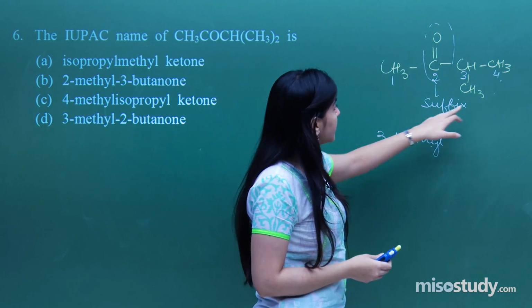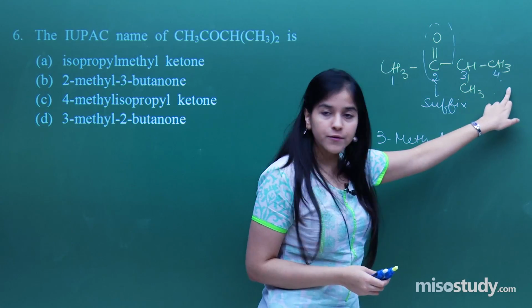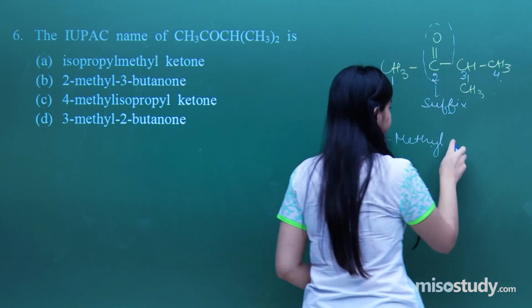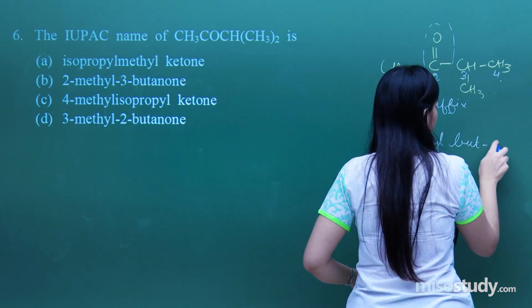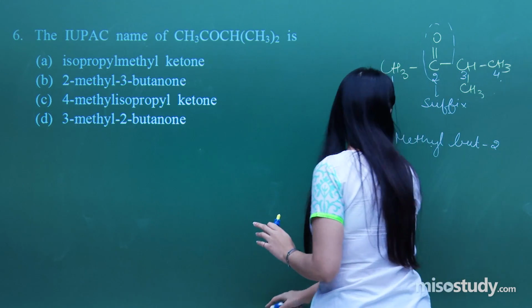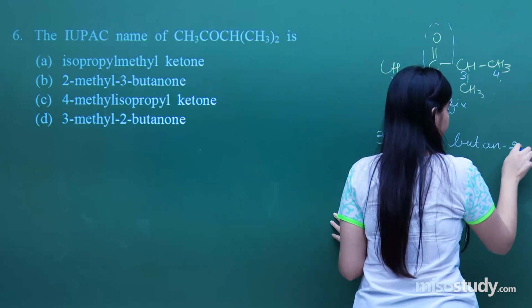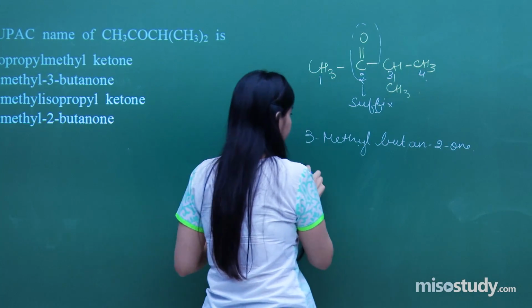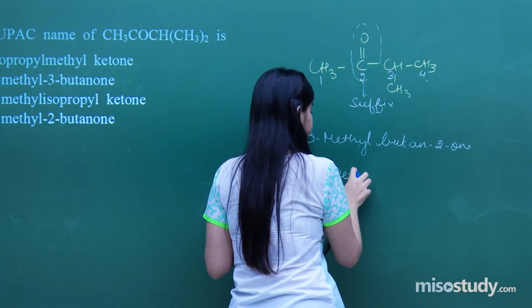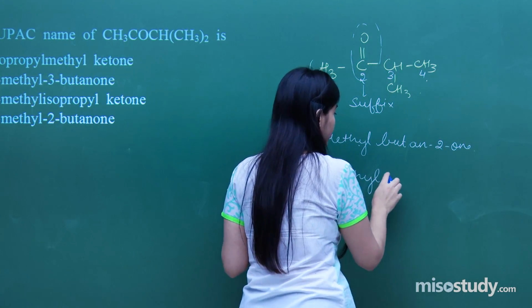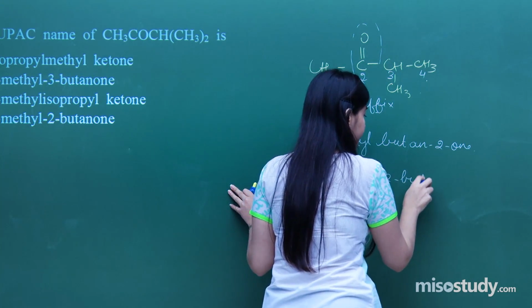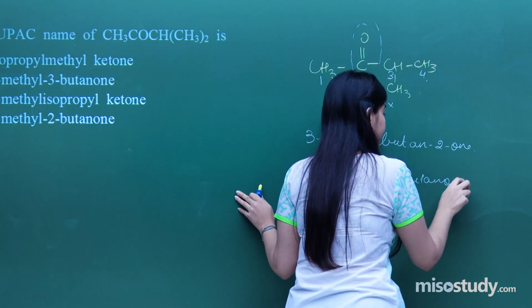So 3-methyl, it would be 4. That means butane 2-one, or it could have been 3-methyl, this is also correct, 2-butanone. So that is also correct.